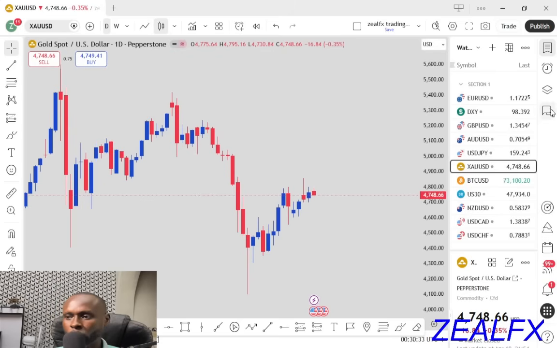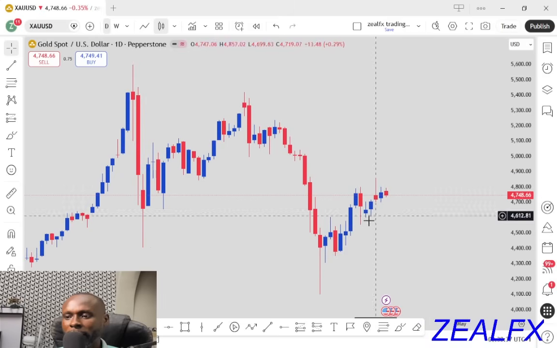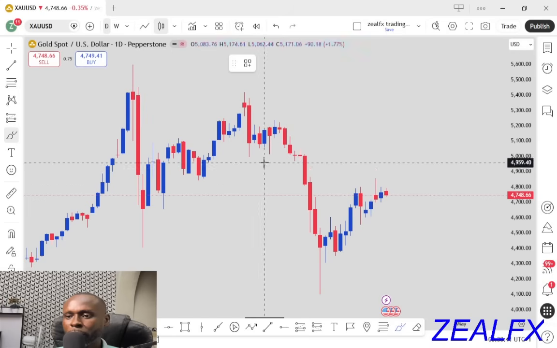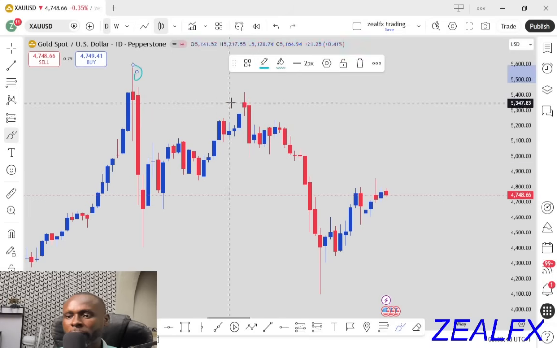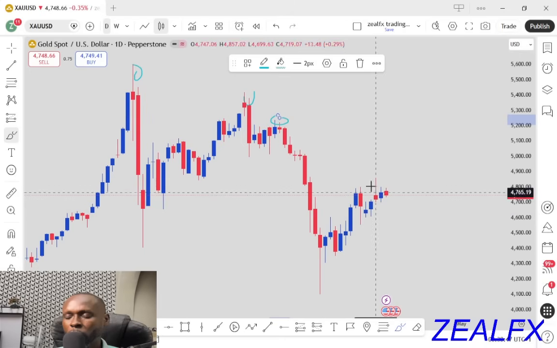which is the gold USD. On my daily chart, you can see we have the major structure, which is this higher high, then this lower high, then this lower high. So long as we have price creating this series of lower highs, we still have the major structure of the gold on the downtrend.